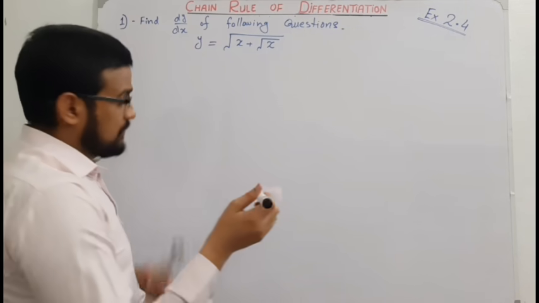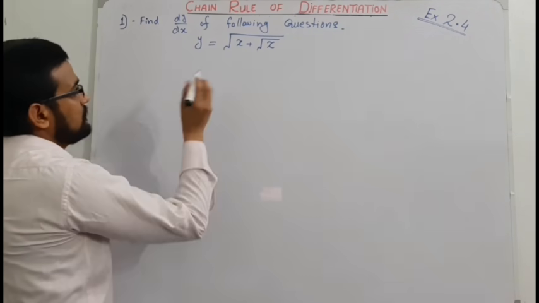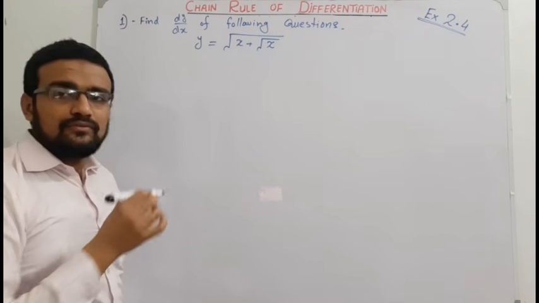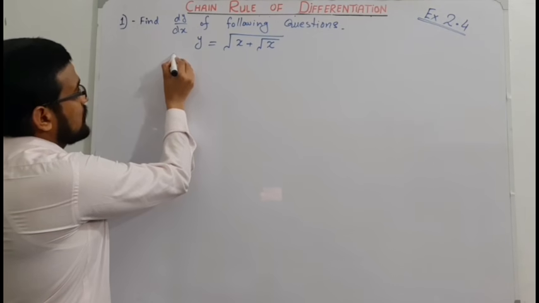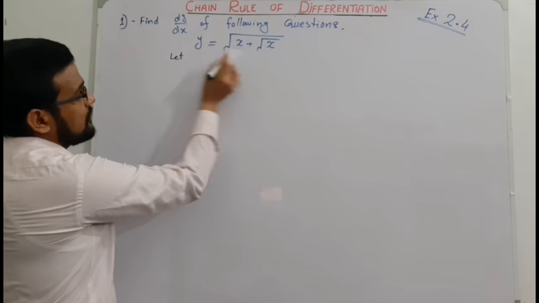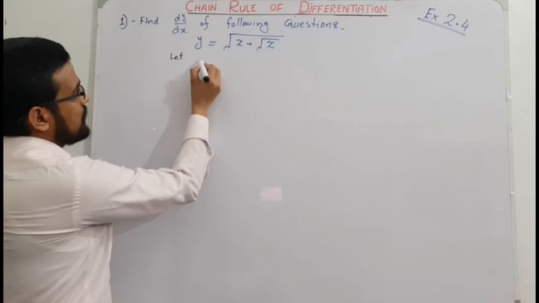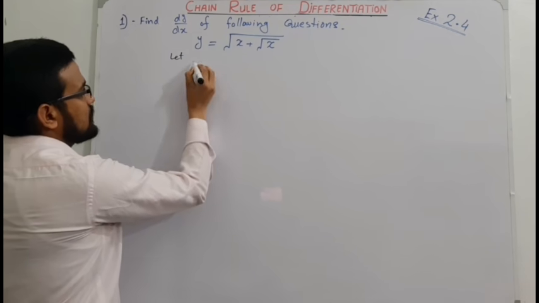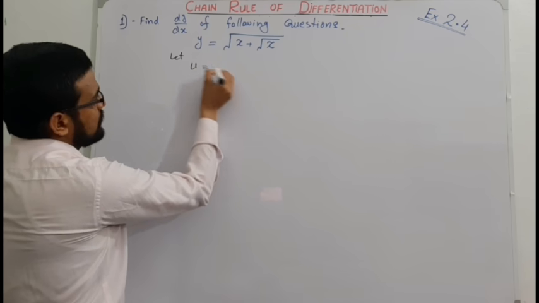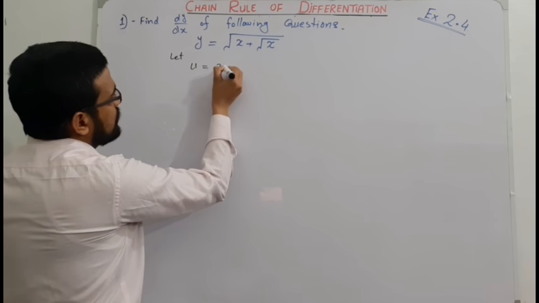So for solving this question, first of all, let x plus square root x be u. You can also let any variable.